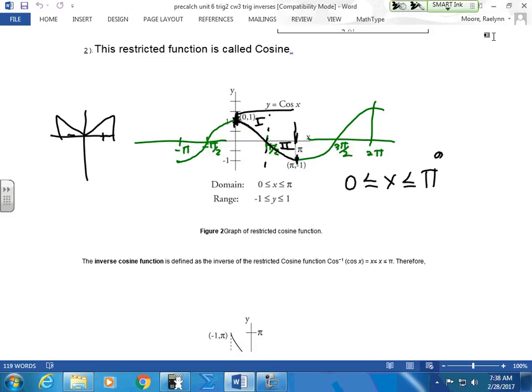I can use all of these angles in here. I use the 0, I use the pi over 4, I use the pi over 2, I use all of these angles up to pi. From 0 to 180 I can use, because I get half of them positive, half of them negative. And that's my goal.